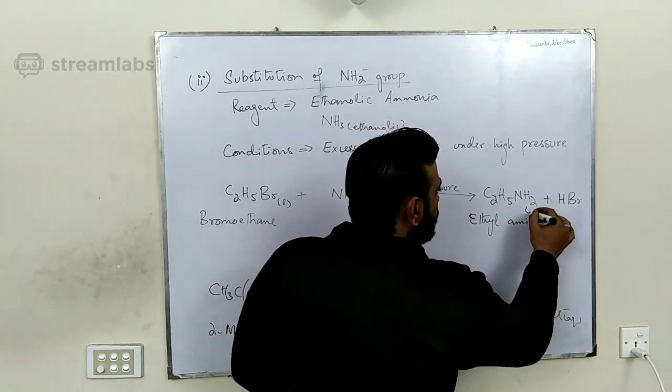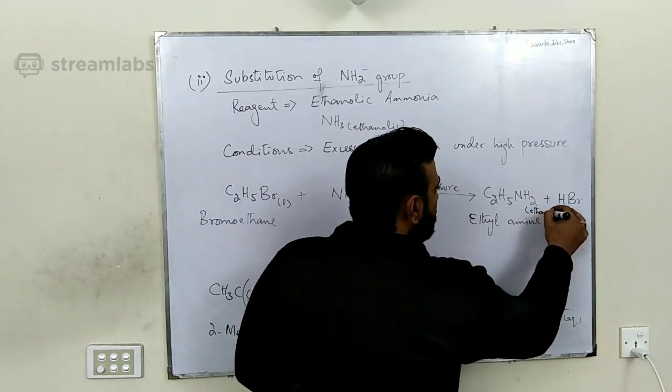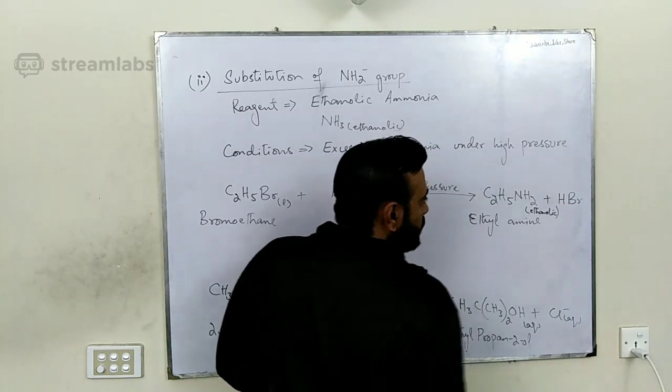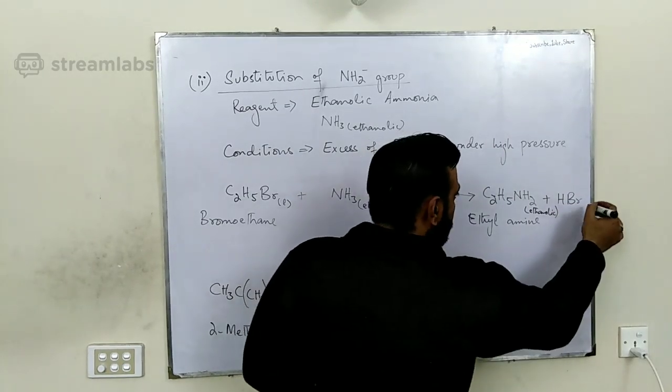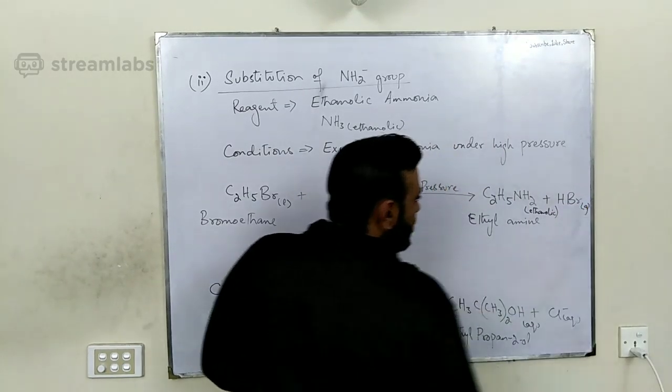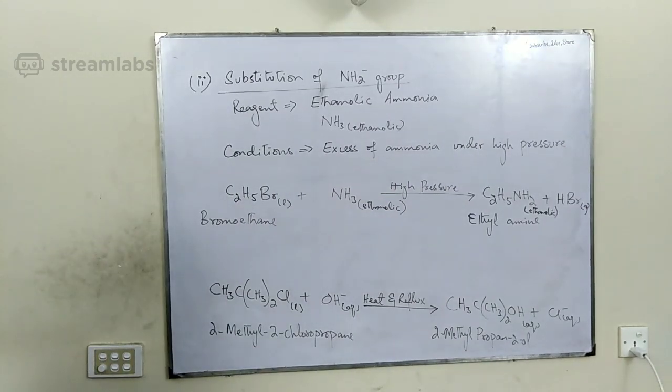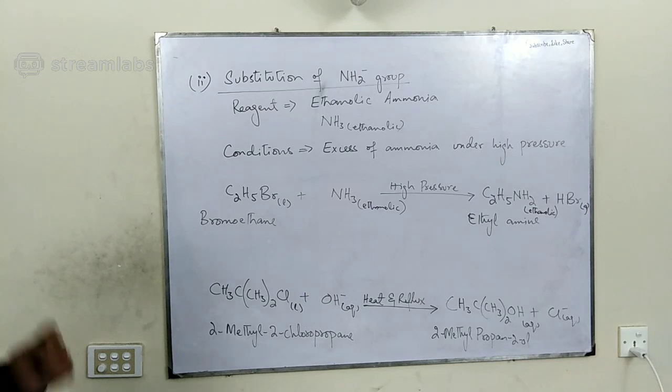And this amine produced would also be ethanolic, because ethanol is present there as a solvent. HBr is hydrogen bromide gas, because there is no water in this reaction.